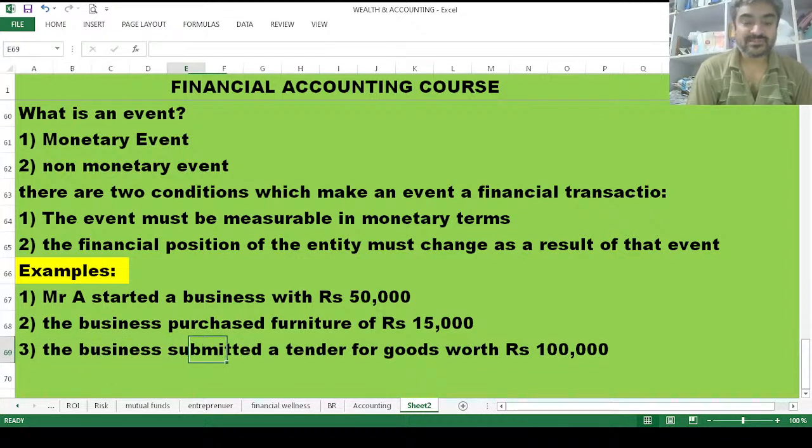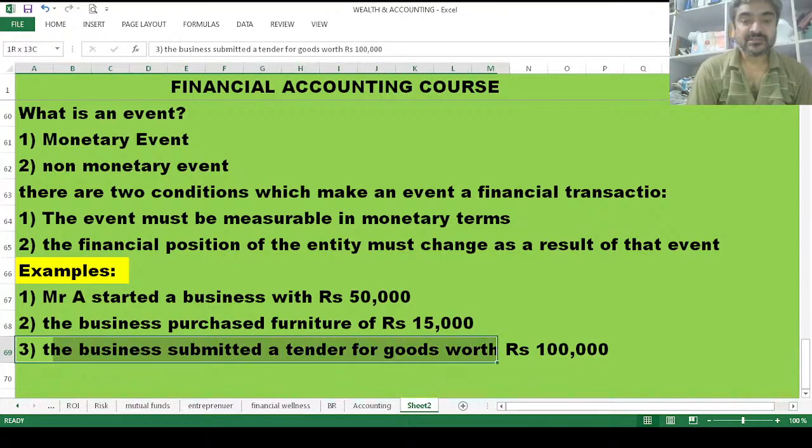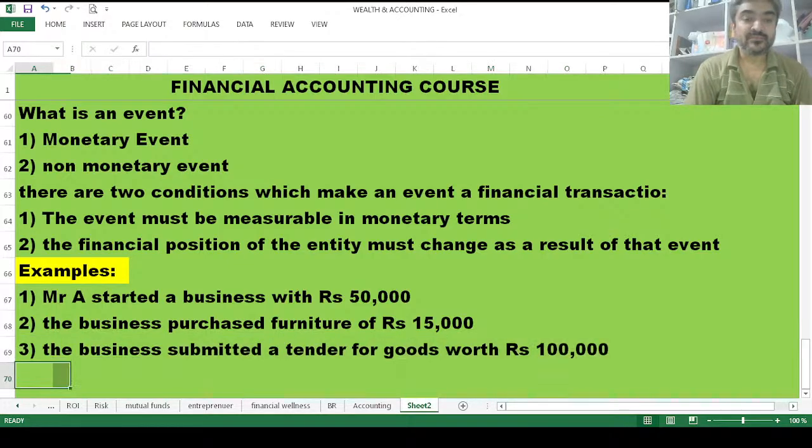So this third example is not a financial transaction, and as a result we are not required to record it in our books of accounts.